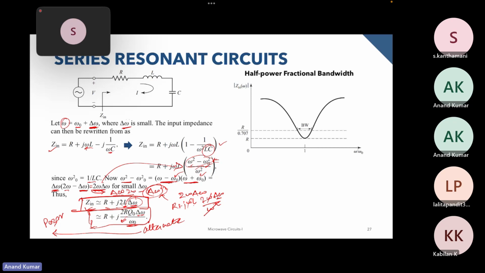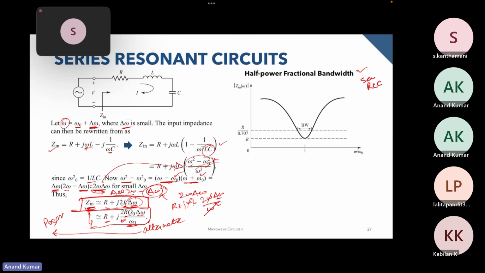Now coming to another important thing, which is called the half power fractional bandwidth. So this is the relationship between Zin, the input impedance, and R. So we can plot this relationship over here. If we just take the mod value, the plot for a series RLC will look something like this.